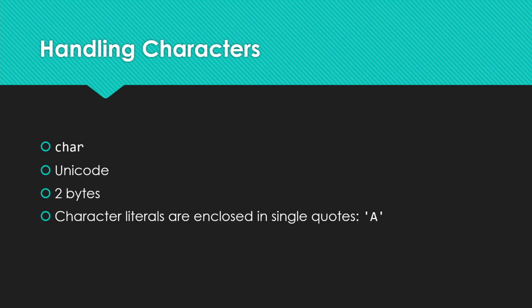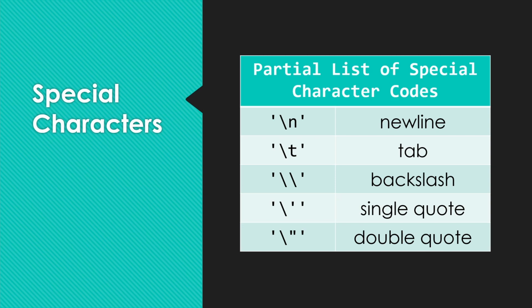And character literals are going to be enclosed in single quotes, just like we've seen in our examples in previous videos. There are some special character codes that it's good to know about. This is not a complete list, but these are the ones that will be most important to you, most likely.